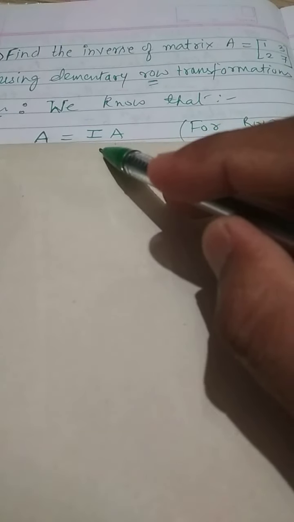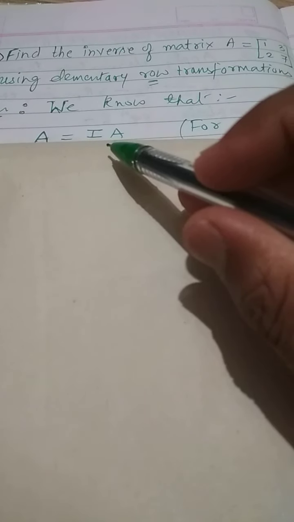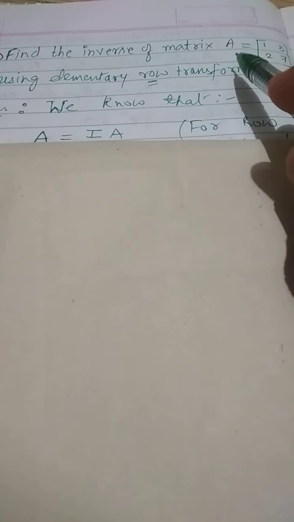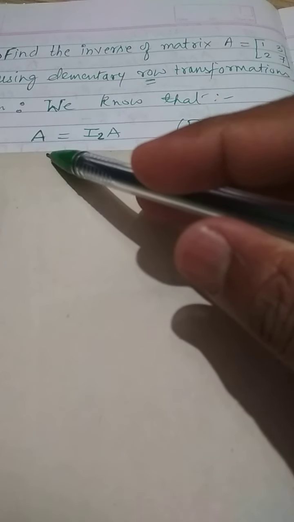A is equal to I into A, where I is an identity matrix of the same order as matrix A, that is 2 by 2. So I can write it here as I2. Whenever you are having row transformations, we should write matrix A as identity matrix into the A matrix.